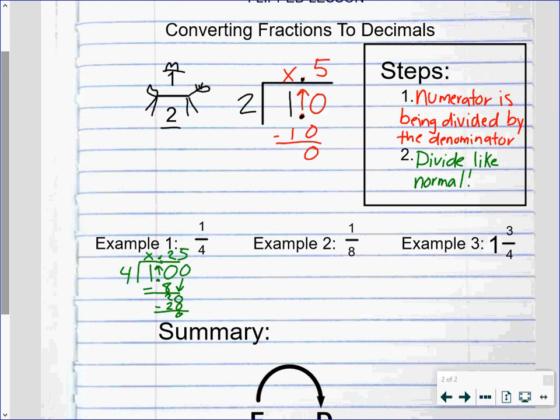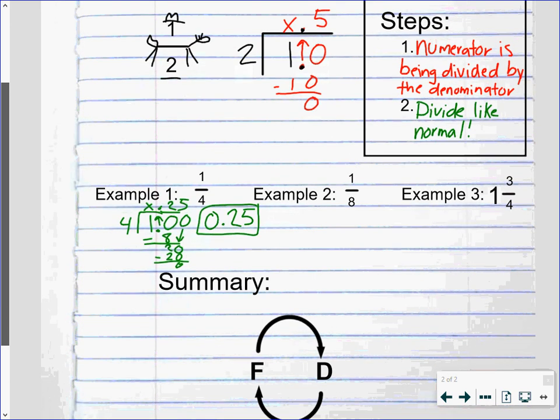So our decimal is 25 hundredths, for example 1. Go ahead and try example 2 on your own. Pause the video, and then when you're ready to check your answer, push play.